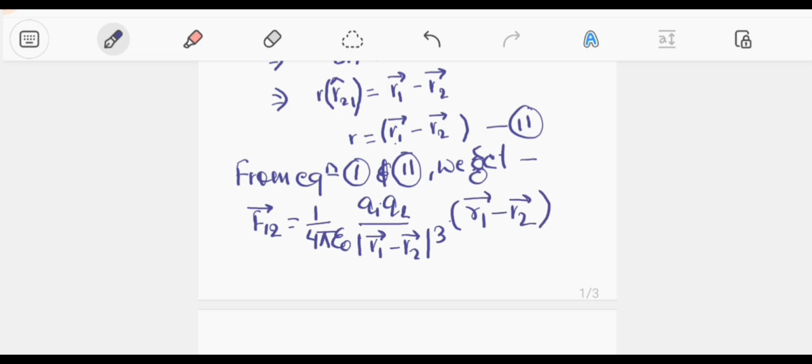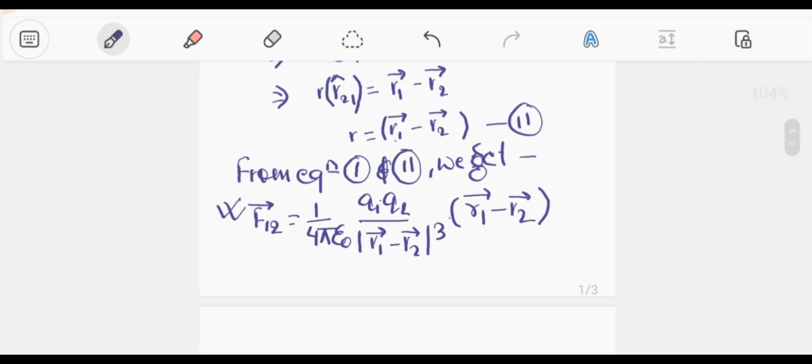So that's it with this, that is, force on 1 due to 2 in terms of the position vectors. So this is the equation for force on point charge 1 with respect to the other point charge.